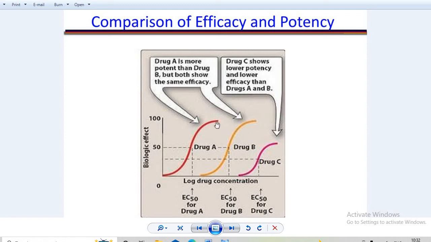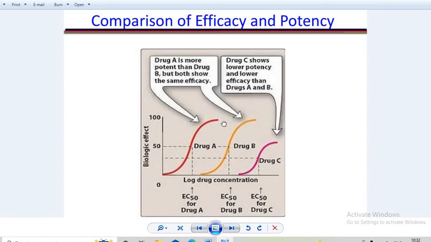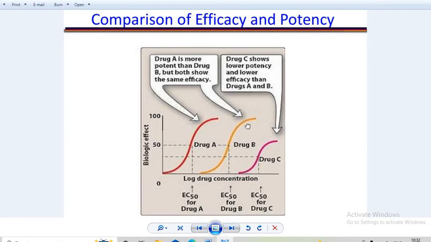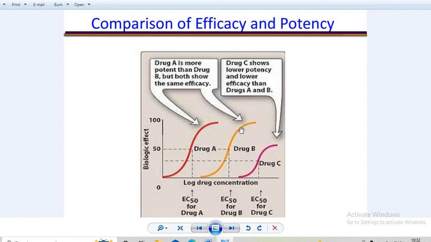So both drug A and B have the same efficacy. If you compare this graph, they are producing a 100% response at almost the same dose. So they have the same efficacy, but drug C has lower efficacy.